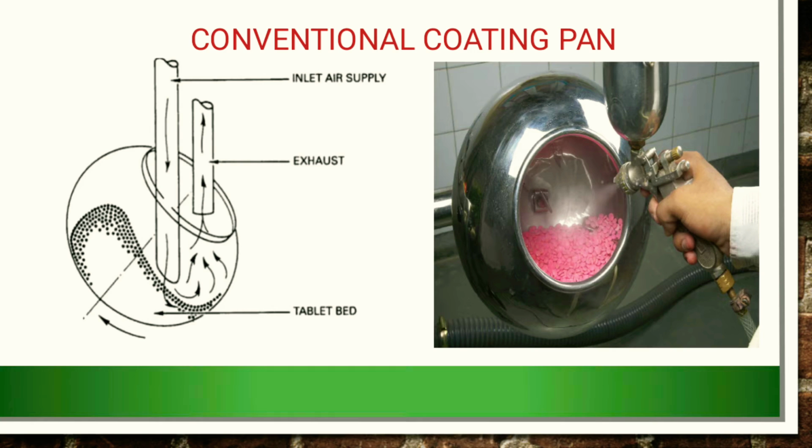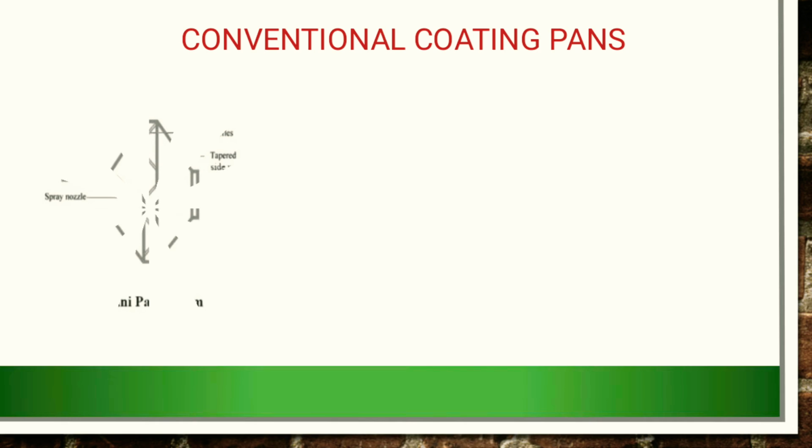Typical examples of such modification include the design of conventional coating pans with the first one being baffled pan and diffuser, which is also called Pellegrini pan system. Then we also have immersion tube system and immersion sword system.